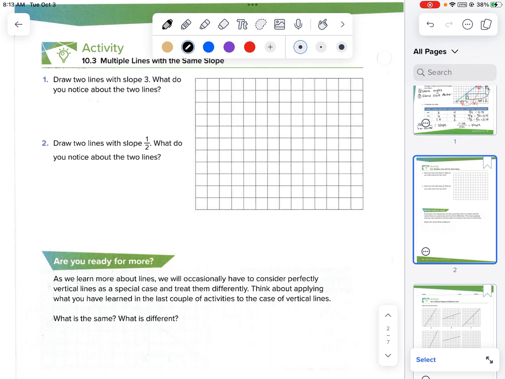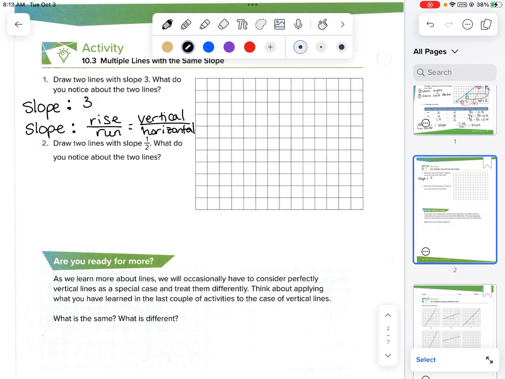Activity 10.3 says, draw 2 lines with a slope of 3. What do you notice about the two lines? So first of all, we know our slope is 3. But we also know that slope is rise over run, or vertical over horizontal.